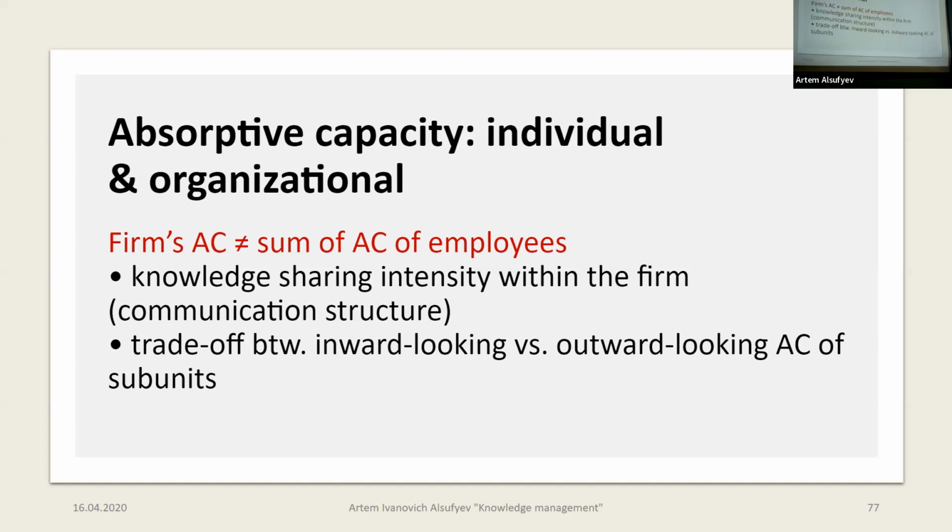So it's non-additiveness of knowledge. We cannot add knowledge that we already know. So someone might argue that the firm's absorptive capacity is even less than some of the individual absorptive capacities. Why is it higher with synergy?